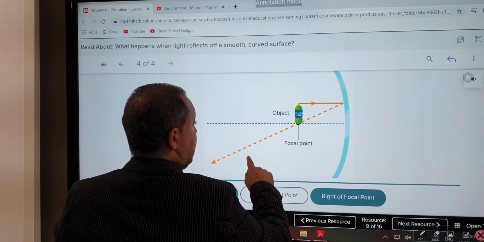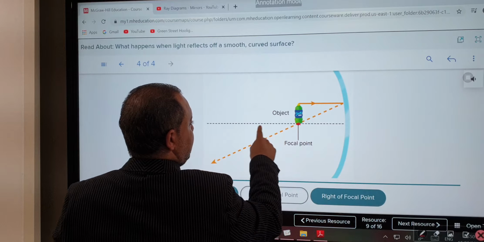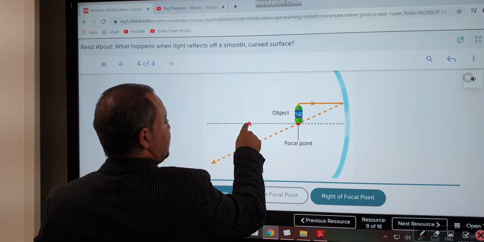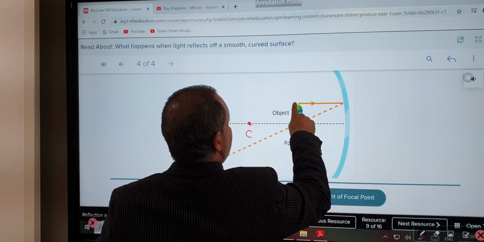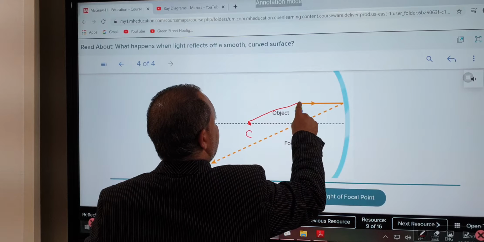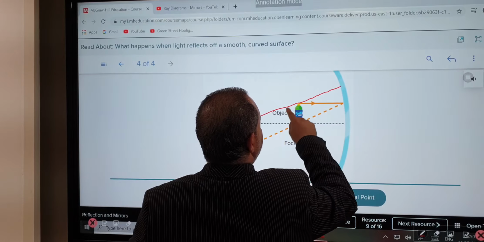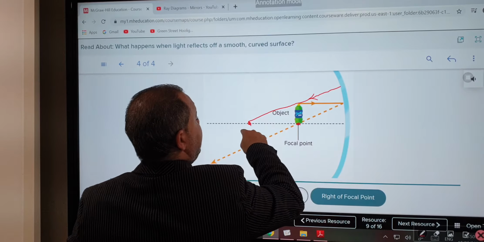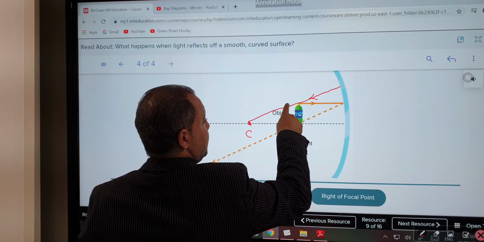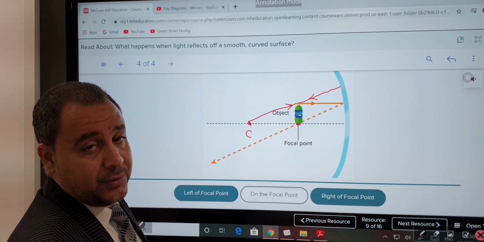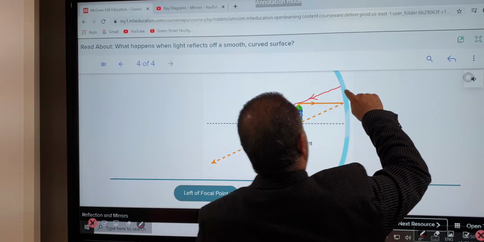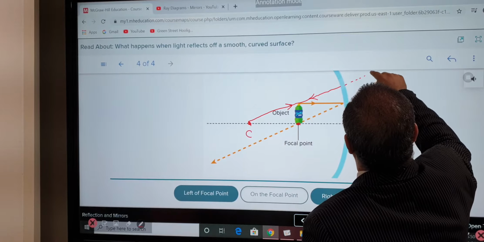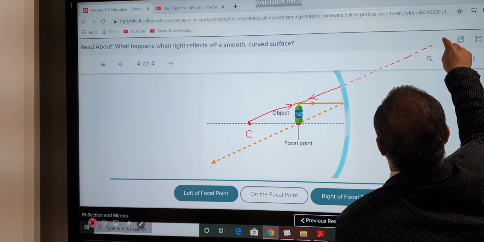Another ray: this is the focal point, and this is the center, because the center is double the focal point. If you draw this ray, when it passes through the center, it will hit the reflecting surface straight, so its reflection will be like this.